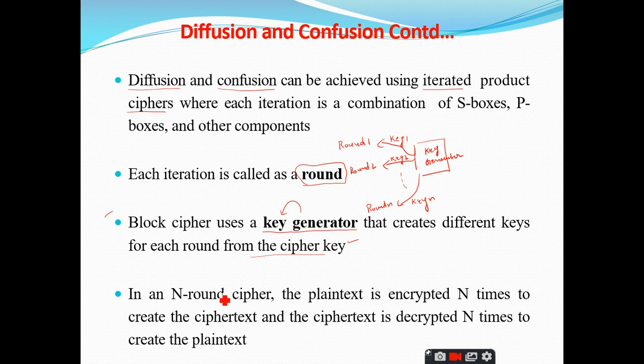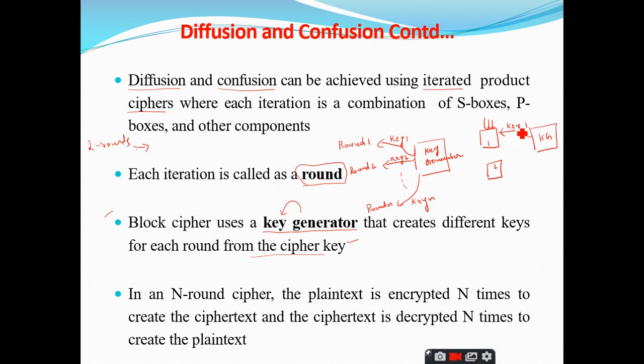So how many rounds, for example, if I have two rounds, how many encryptions have I performed here? Assume that this is round 1 and this is round 2. You give the plain text as input, and here you give the key which is taken from the key generator.